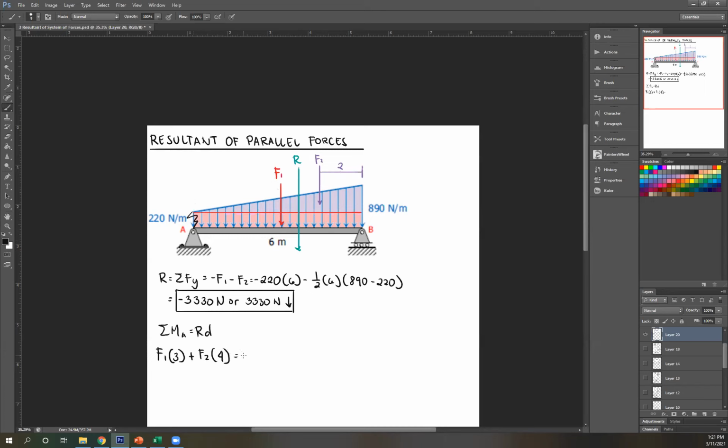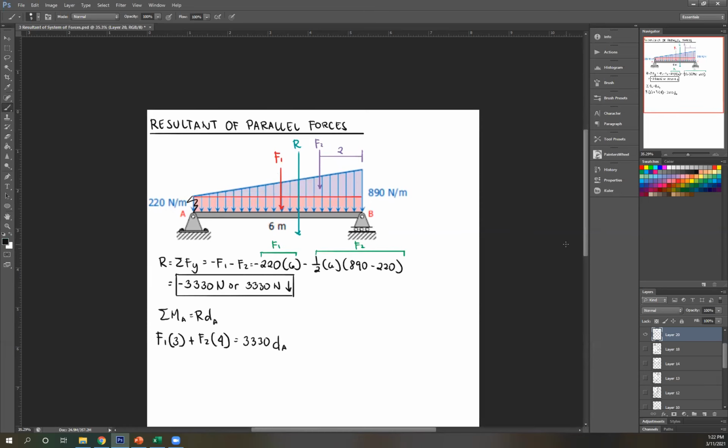Then equals RD. So R is clockwise as well. So positive 3, 3, 3, 0 times distance. This is what we're looking for, dA. And then this is your F1. This is your F2. So solve for that.